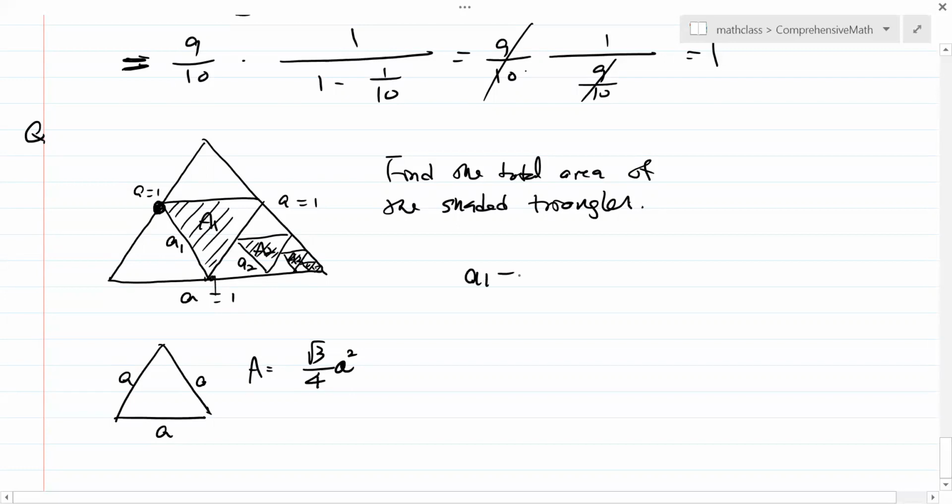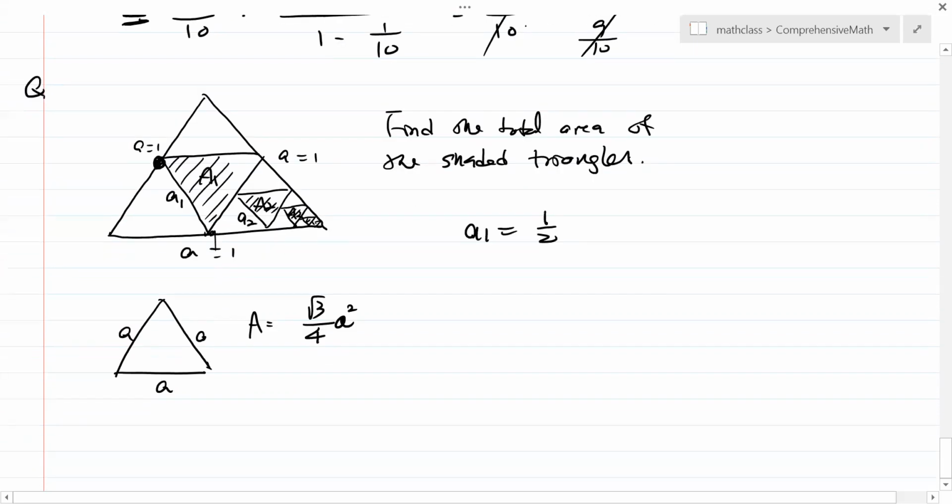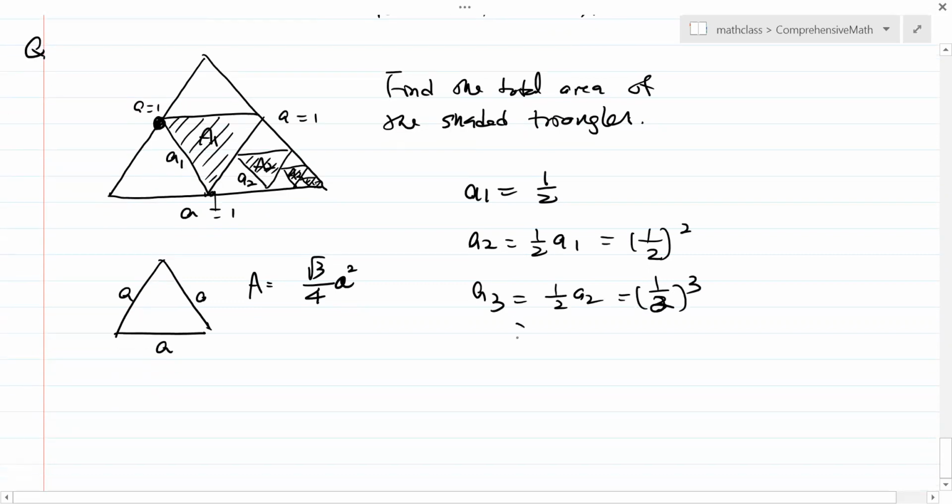So A1 is just 1/2. A2 is again half of that, so it's 1/2 squared. A3 is one half of A2, just getting smaller. It's 1/2 cubed. To keep it going, An is 1/2 to the power n. So that is the edge length. Can you find the area and add them together? Try this.